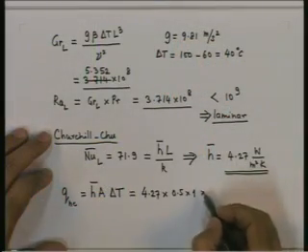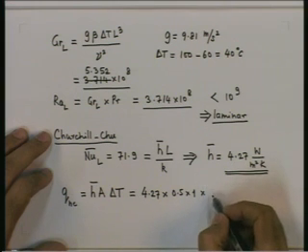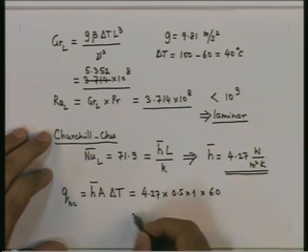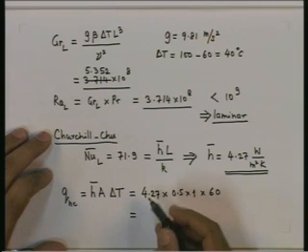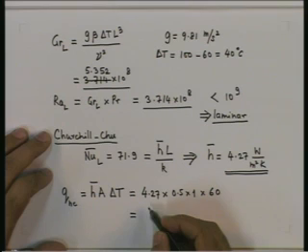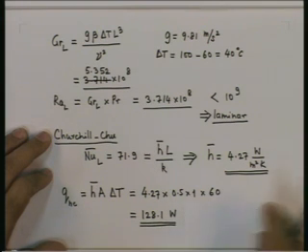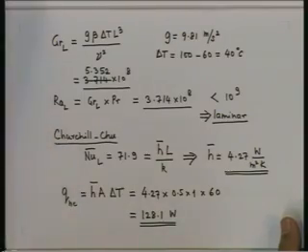This is 4.27, area of the plate 0.5 meters by 1 meter, height into width, multiplied by temperature difference, which is 60 degrees C, and this gives us the natural convection heat flow rate to be 128.1 watt. So about 125-130 watt.